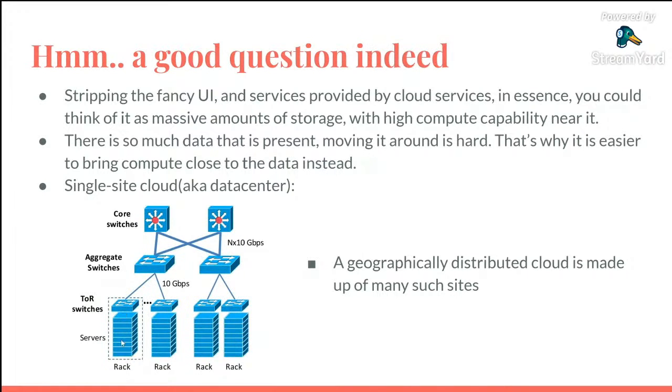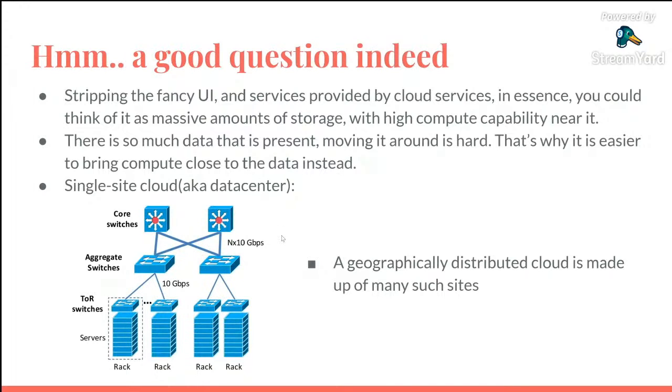Multiple racks can then be connected using aggregate switches, and these can be connected to core switches, which let the data center connect to the internet. So it's just a bunch of servers in racks, and then multiple racks connected to each other. Pretty simple. So this is a single data center.